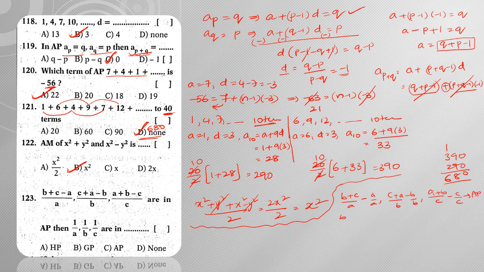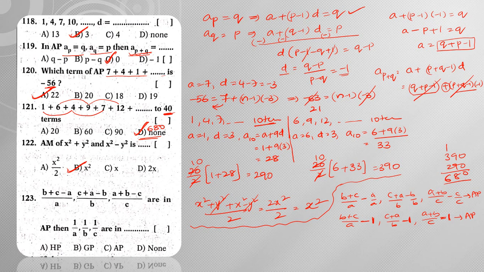Again I can write this as b plus c by a minus 1, comma, c plus a by b minus 1, comma, a plus b by c minus 1. So these are all in AP, and we have a property: whenever things are in AP and you add or subtract the same thing to the given terms, then also the given progression will be in arithmetic progression.